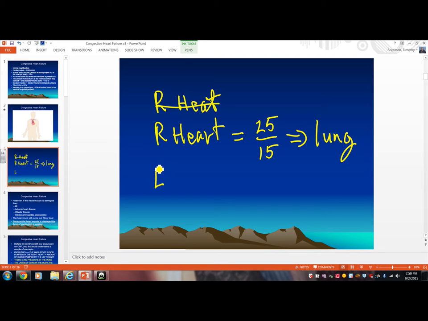The left side of the heart has to pump that oxygenated blood to your entire body. So even though they pump the same amount of blood, they do so under different pressures. The systolic and diastolic pressure generated by the left heart is 120 over 80.